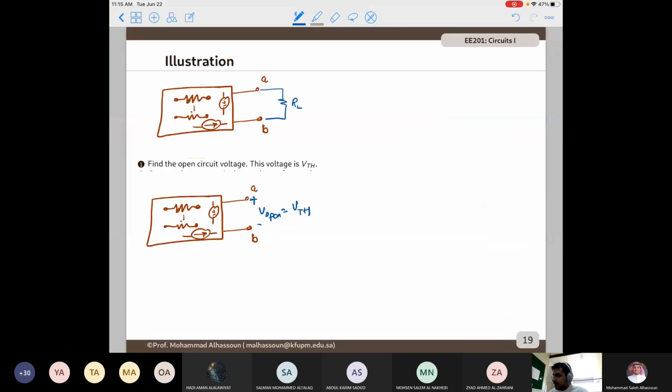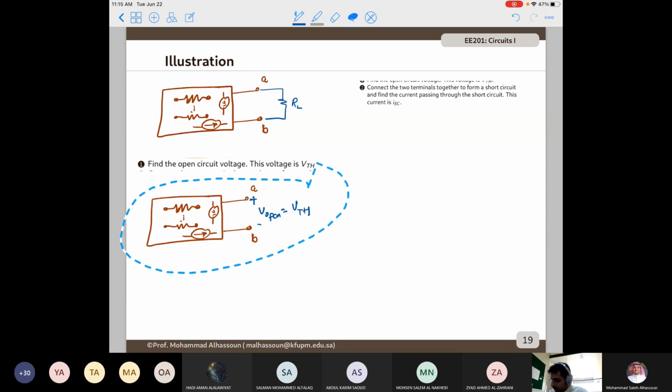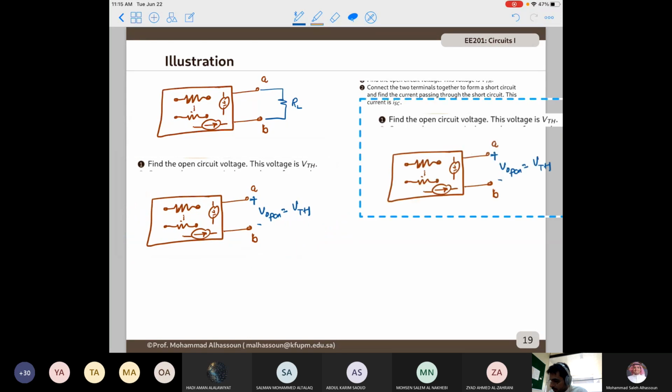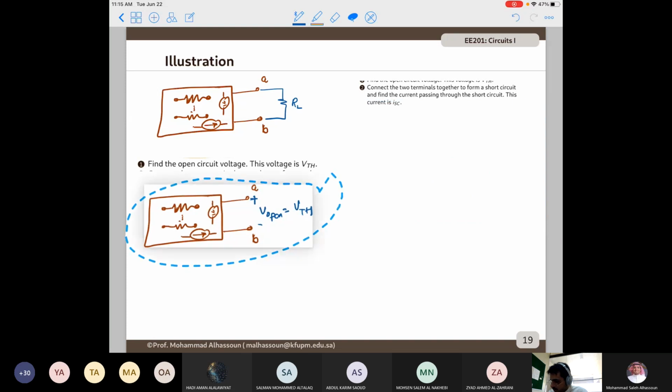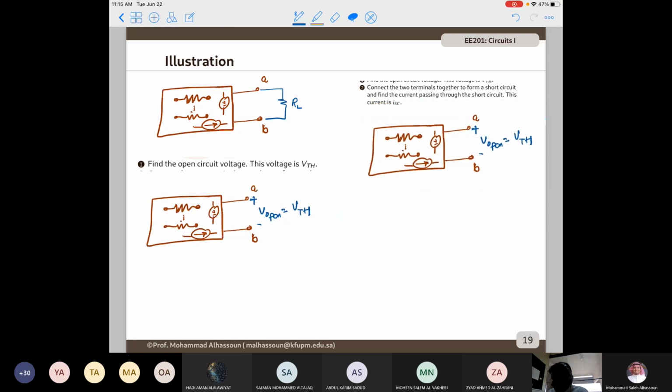So you connect these two terminals and you measure the short circuit current.